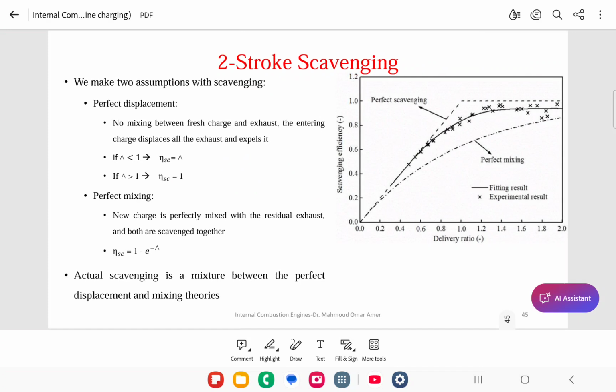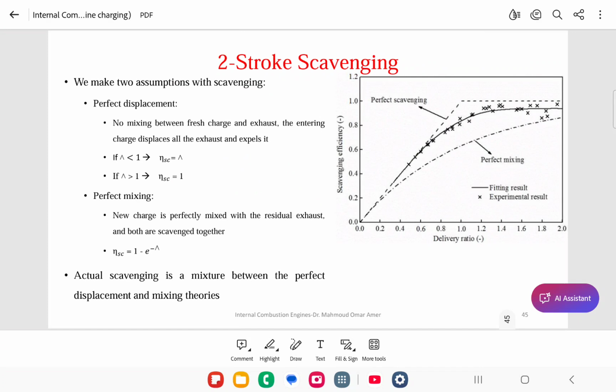Okay? But what about actual scavenging? Which one resembles actual scavenging? Perfect displacement or perfect mixing? Neither of them. It's a mixture between both.